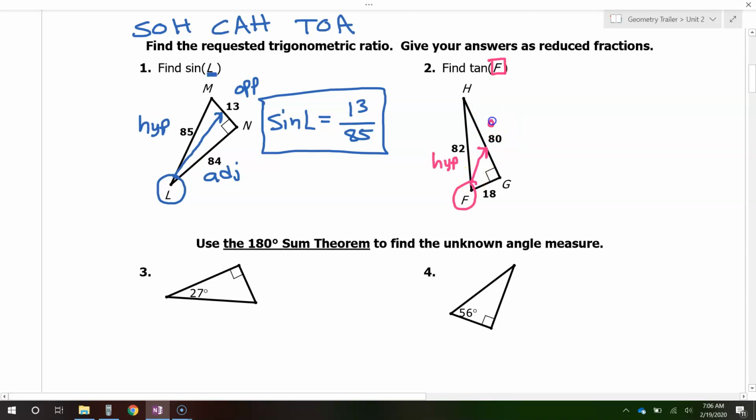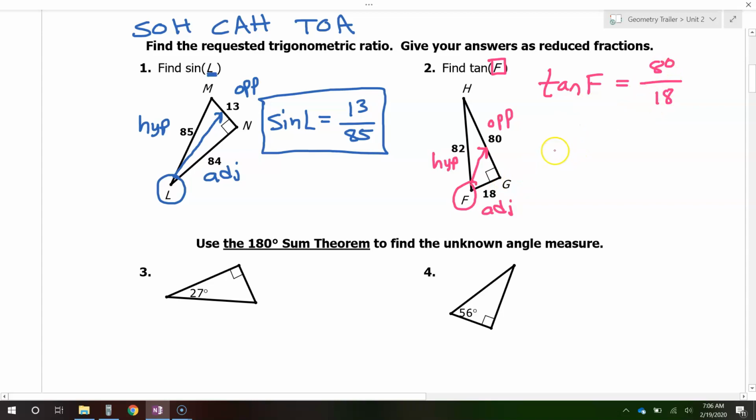That tells you which side is the opposite side, and the other side is the adjacent side. So this time we're doing tangent. Tangent is opposite over adjacent. So we will do tangent of the angle is equal to opposite over adjacent, that's 80 over 18.